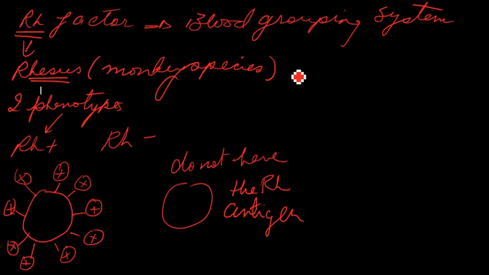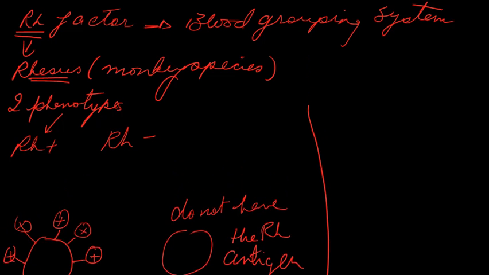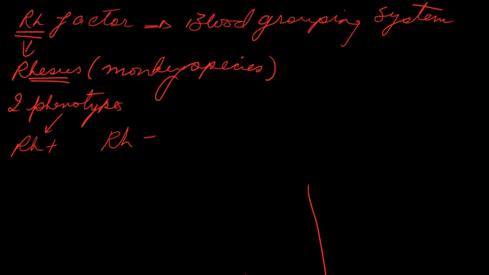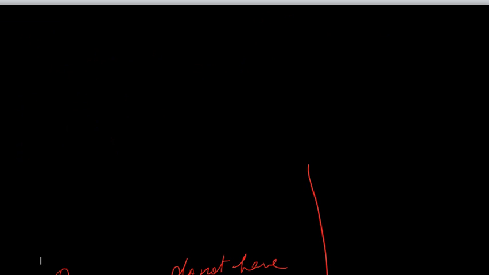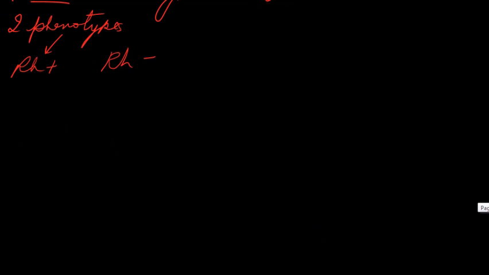So the most common thing that comes up with this kind of blood typing is in terms of pregnancy, and I'll just explain that in a second. Okay, so there are a few things to consider.